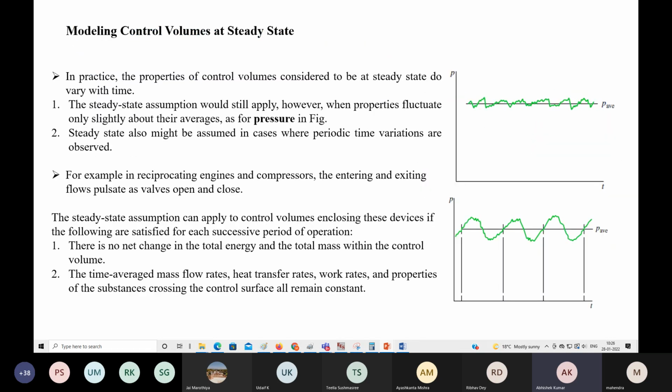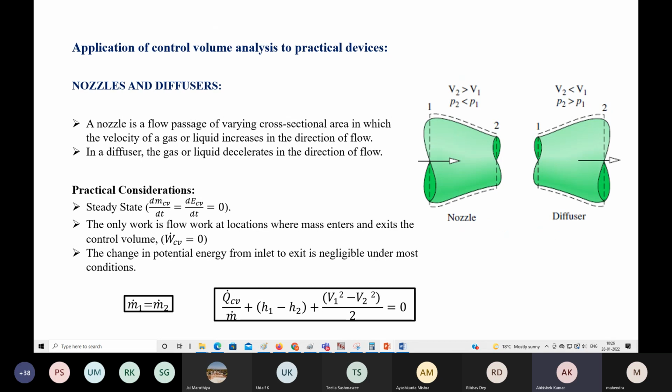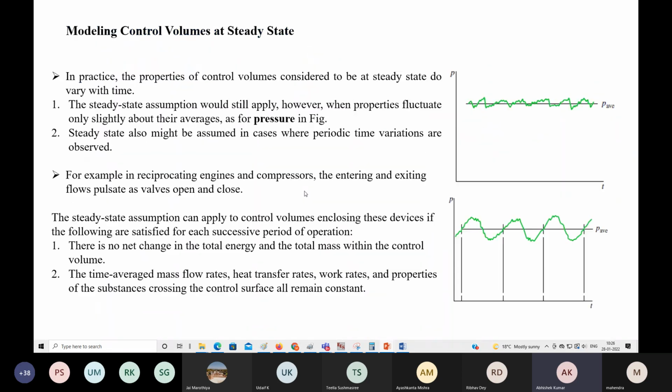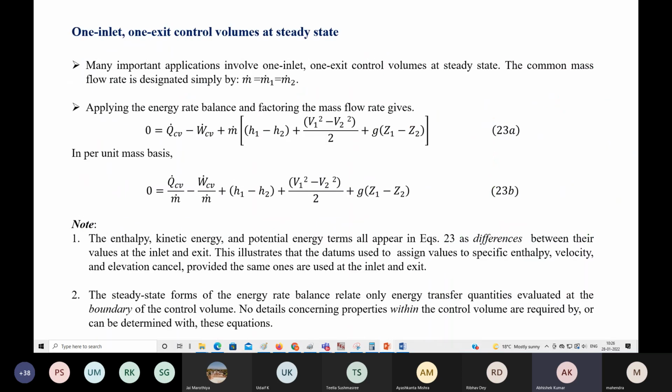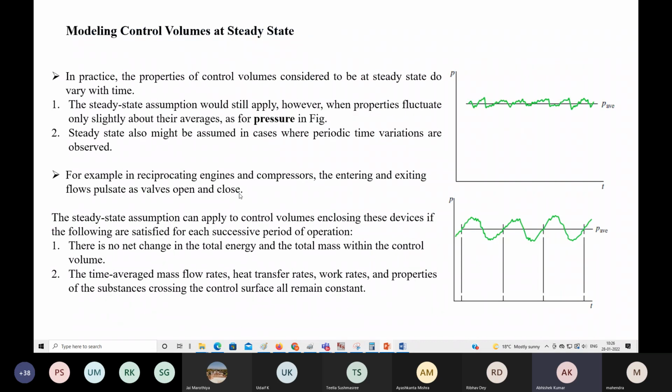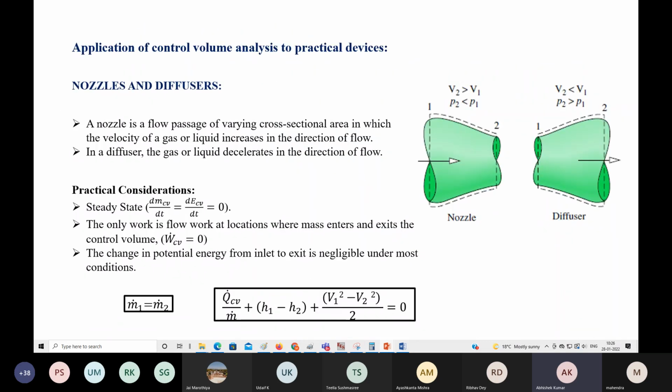Now this energy equation, we are applying to different components, like all the components we have seen in the example: turbine, compressor, nozzle. So these are all the things we are checking over here.